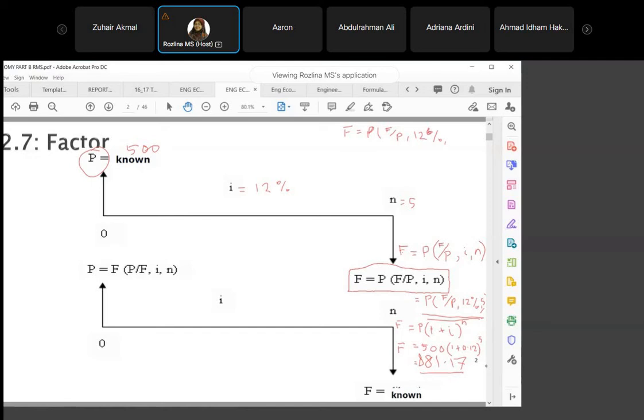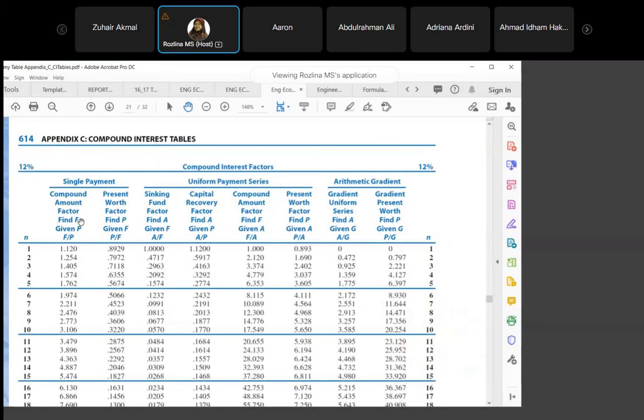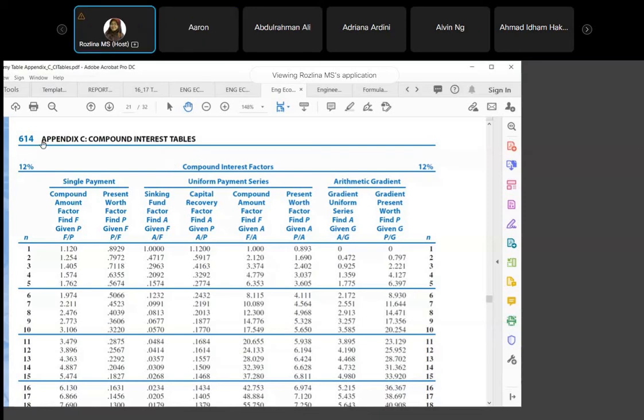Okay, N is 5. So you have to see this one: F over P, interest or growth is 12% and N is 5. Remember F over P, 12%, 5. So this one 12%, F over P, and N is 5. So this one is 1.762.